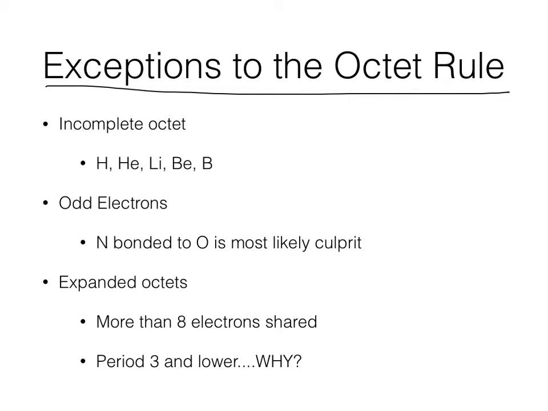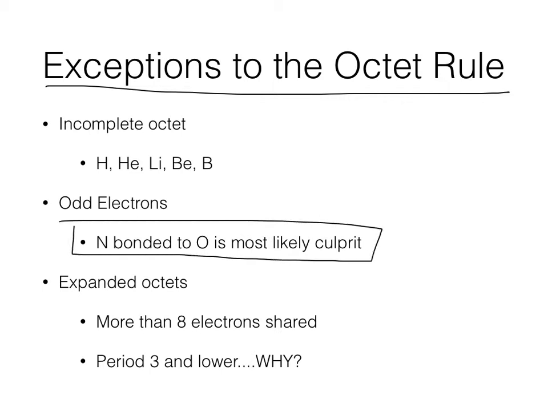So what are the obvious exceptions? Well, anything that has less than 6 protons. So boron, beryllium, lithium, helium, hydrogen, they can't hold 8 electrons. There are also odd numbers of electrons.